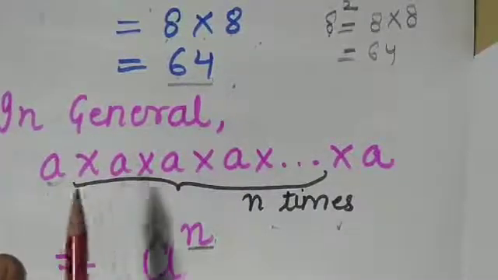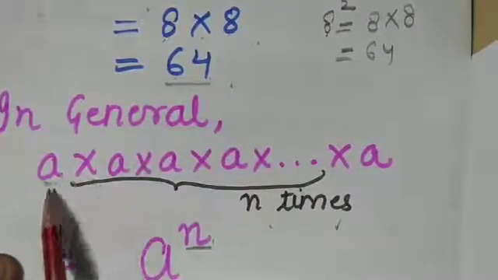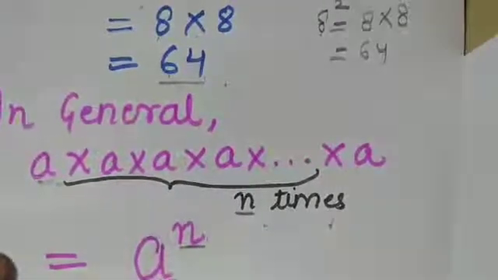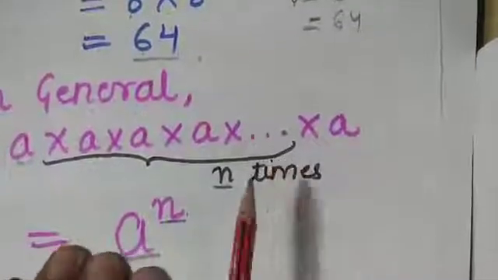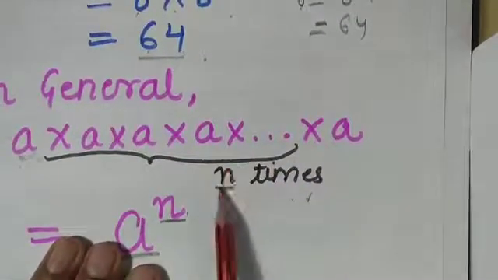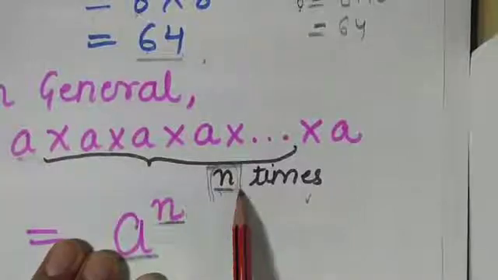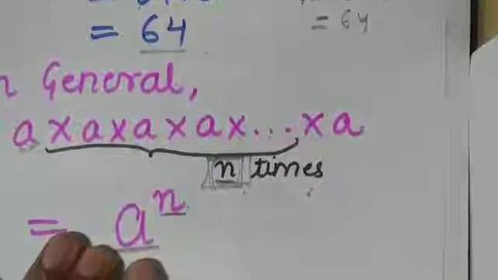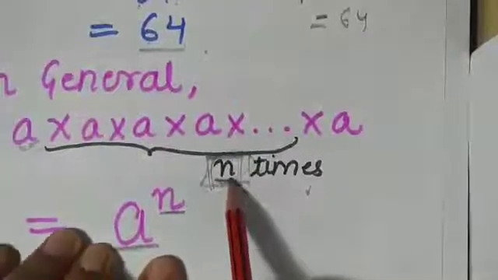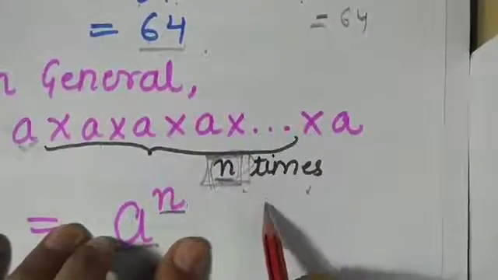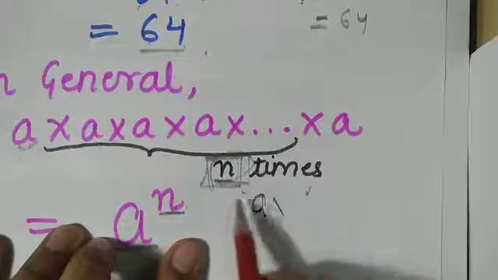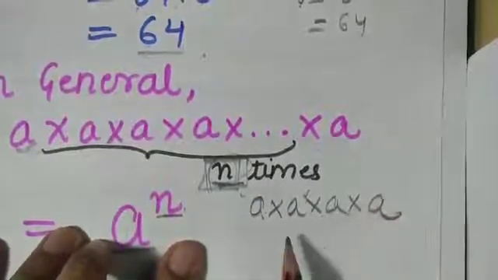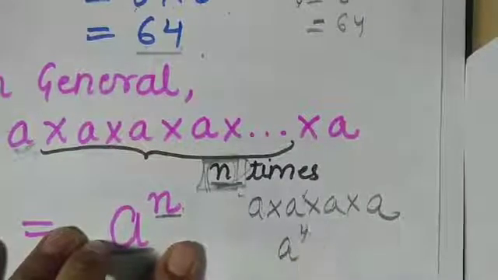Let us take an example related to this concept: a into a, taking the value of n as 4. n means the base is multiplied n number of times. Here the base is a, and a denotes any number. So if n is equal to 4, I have to multiply a 4 times. This will give you a raised to the power 4.